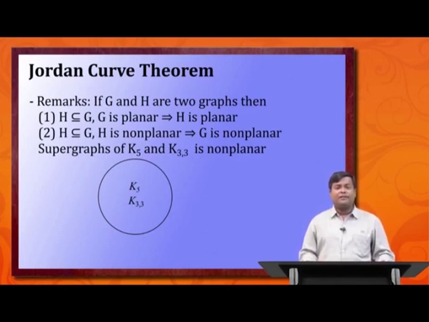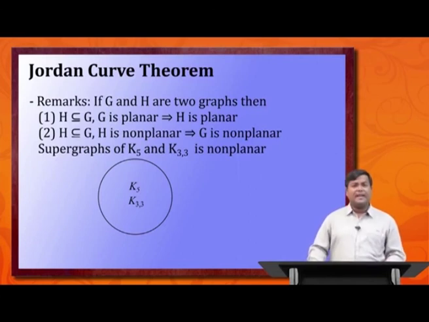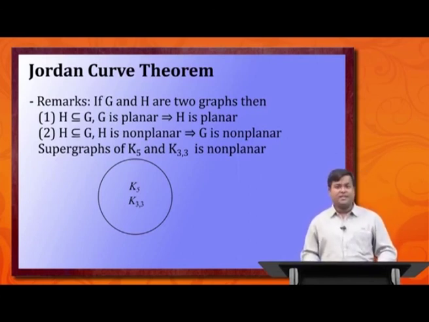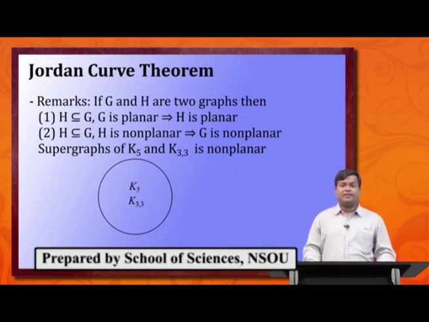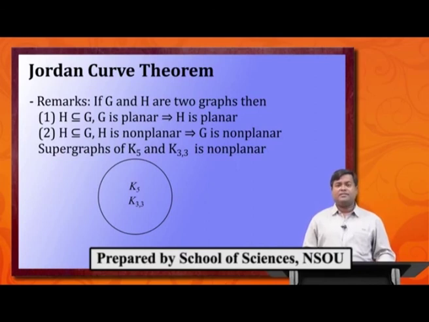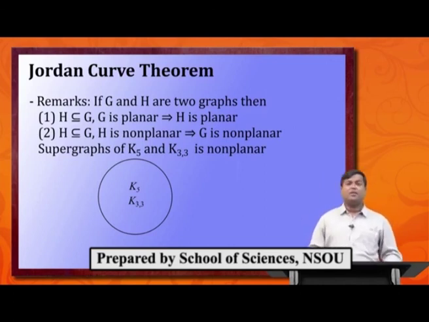So we already have some edge crossing in H that is still there in G. Therefore, as G is a supergraph, G is also non-planar. So these two things are hereditary properties. If the subgraph is non-planar, then the corresponding supergraph is also non-planar, and if the supergraph is planar, then the corresponding subgraph is also planar.